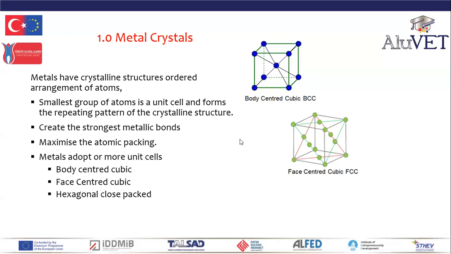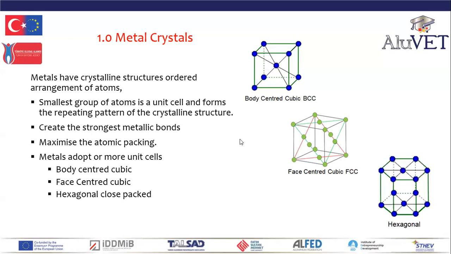In the middle of each face of the cube, there is an atom, face-centered cube. Magnesium forms into a hexagonal close packed arrangement. So different metals adopt different cubes. The cubes allow the atoms to come together in the closest packing, which allows the electrons to form the strongest metallic bond.